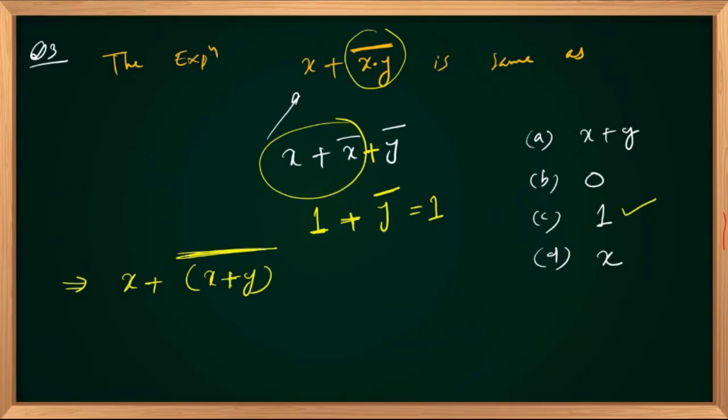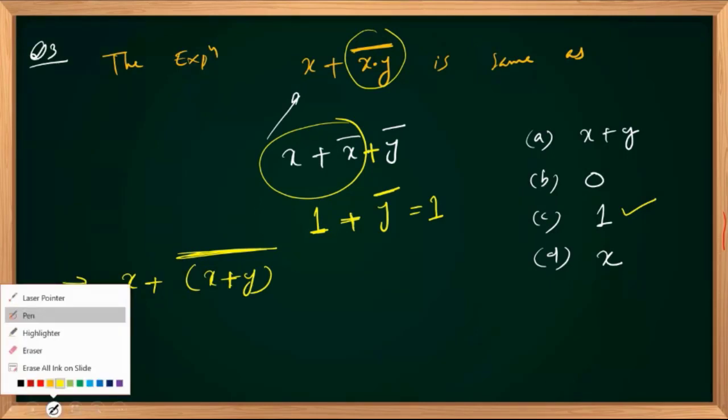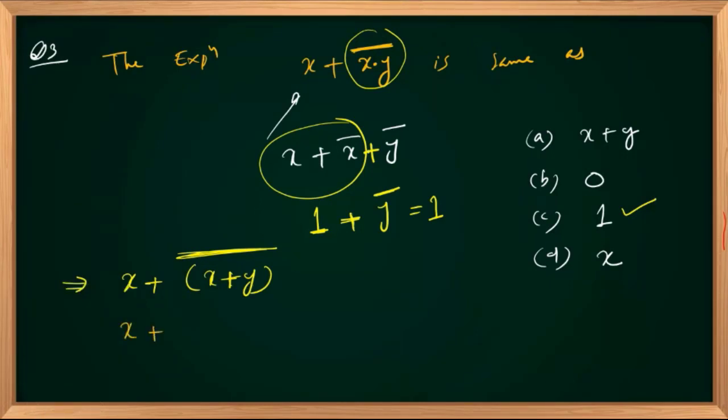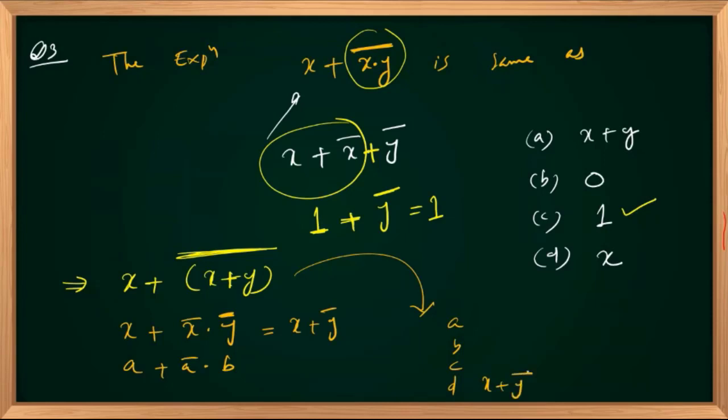The expression x plus y, the whole complement, as per De Morgan's law, is the product of x bar and y bar. This is of the form a plus a complement dot b, that is nothing but a plus b, that is x plus y bar. So if this is the question, then you will have the right option as x plus y complement. Correct?